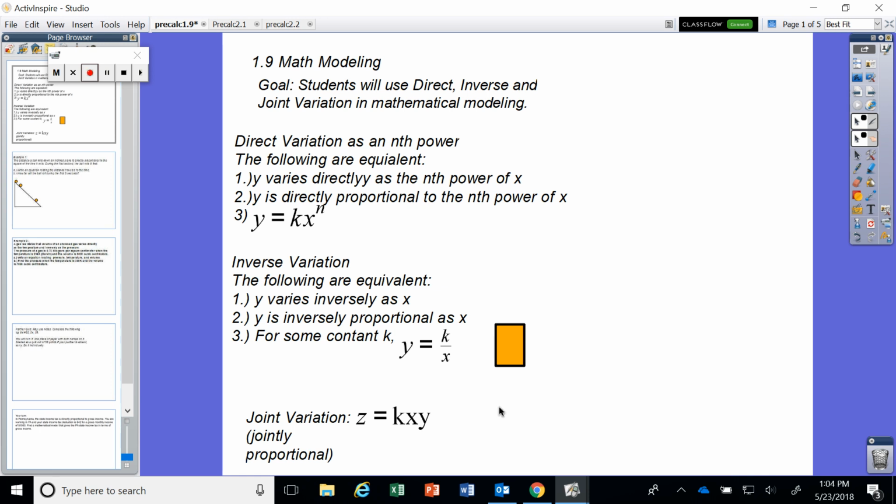And then lastly, the one that's probably used a little more infrequently is joint variation. With joint variation, we have a new variable that we are taking into account, and both the x and the y are part of the same variation equation.